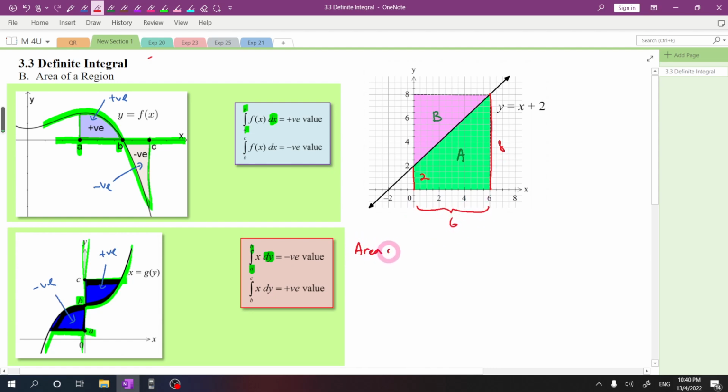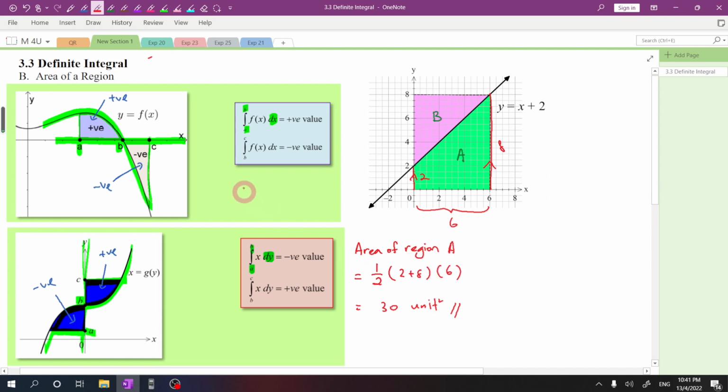Area of region A: if you want to find the area of a trapezium, remember, always start with 1/2, then the sum of the two parallel sides, which is 2 and 8, then times the height, which is 6. Just press your calculator. Here you should be able to get 30. This is the area of region A.